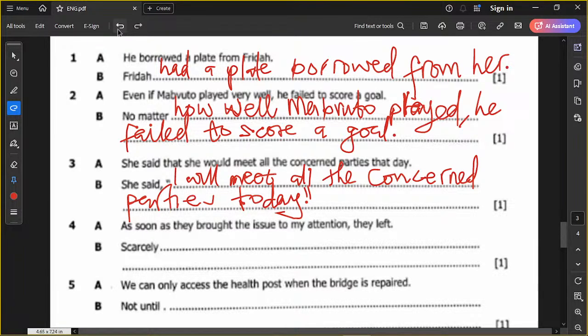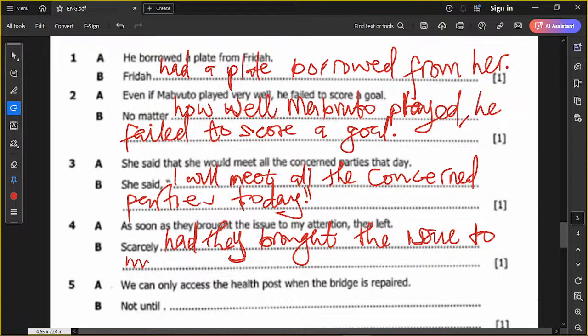So you can say, scarcely had they brought the issue to my attention, okay, as soon as they brought the issue to my attention, they left.